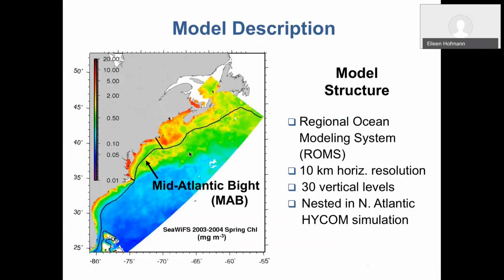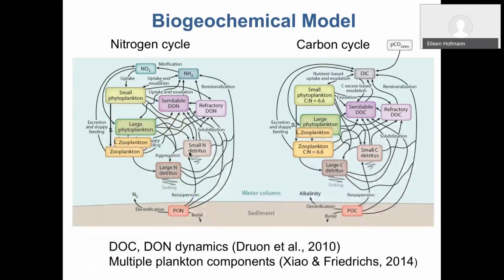Right. So within that model is a biogeochemical model that tracks nitrogen and carbon. These diagrams here are from a paper that was done a while ago by Katja Fennel, but it's been added to significantly since then.